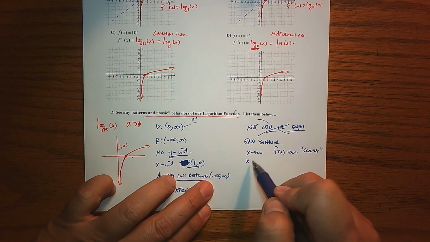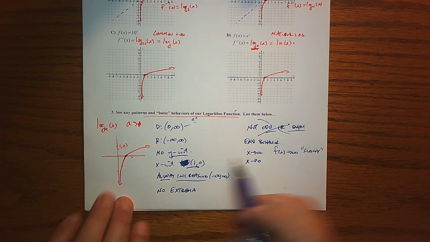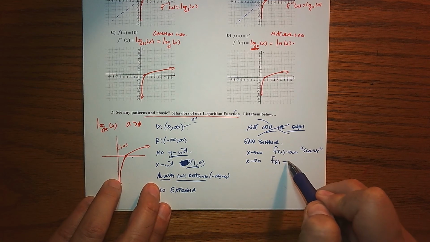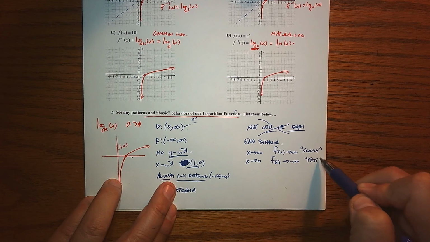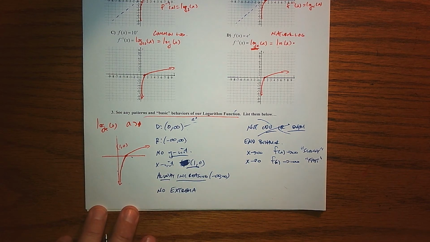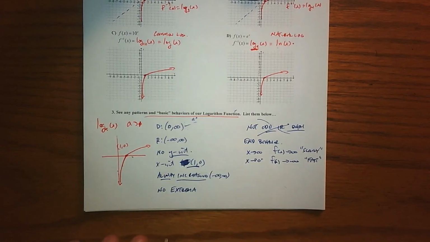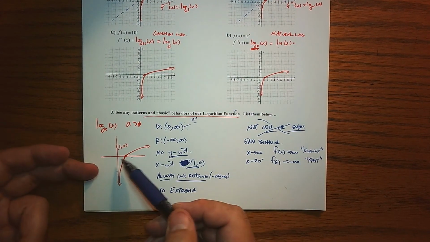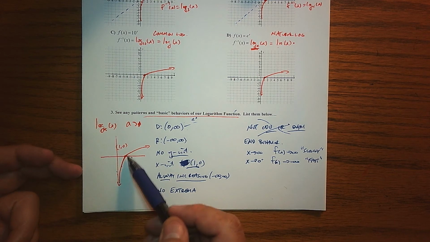As x approaches 0, as we get closer and closer to 0, our f of x function is actually going to negative infinity, and it's going there quite fast. It's exploding downwards. And as a matter of fact, what I should also do is put a little plus by that, because there's two ways to approach 0, from the plus side and from the negative side, and we're approaching from the positive side.